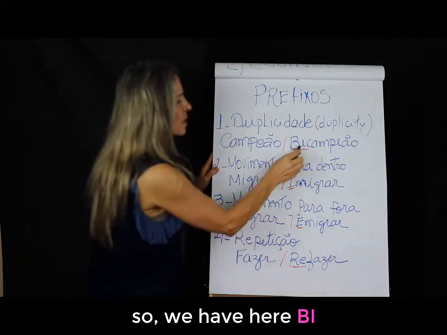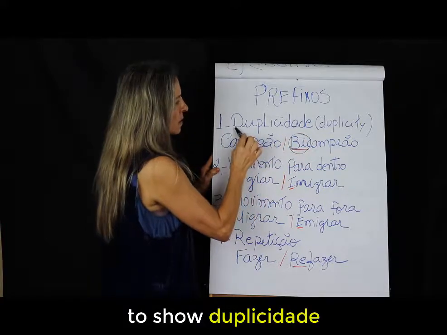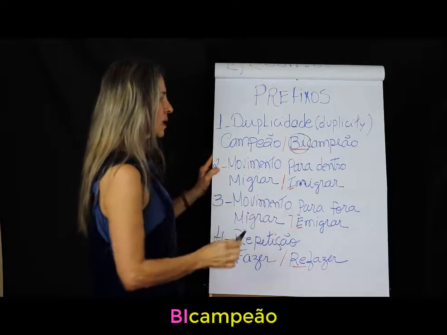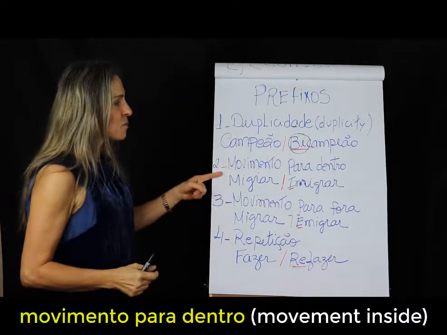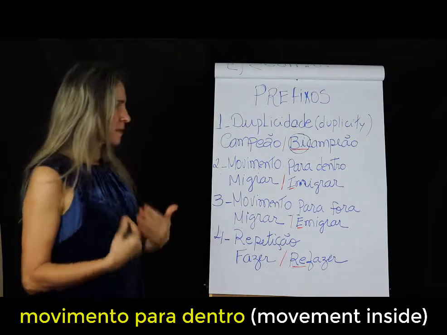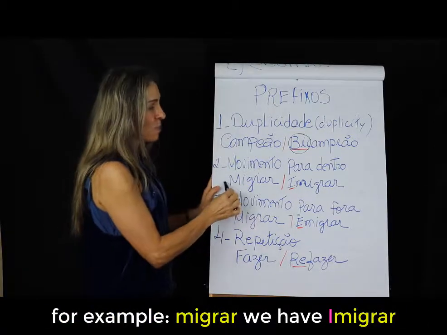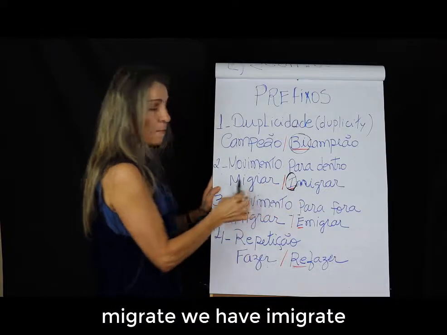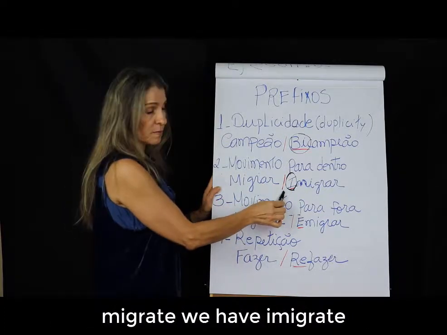So we have here bi, to show duplicidade, para mostrar a duplicidade, ok? Bicampeão. Movimento para dentro, movement inside, ok? For example, migrar, we have imigrar. Migrate, we have immigrate, okay?